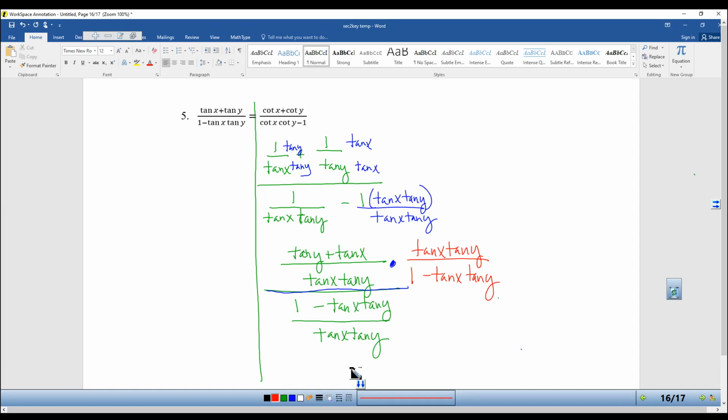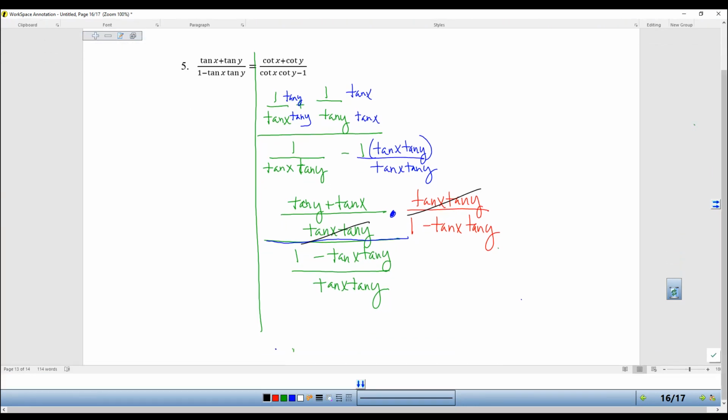When you have a fraction over a fraction, you keep the first one, you change it to multiplication, and you flip the second one. And then great things happened. This all canceled. And now when I go straight across the numerator, I get just tangent of x. Obviously, I'm going to reverse it because I'm trying to make it look like the other side.